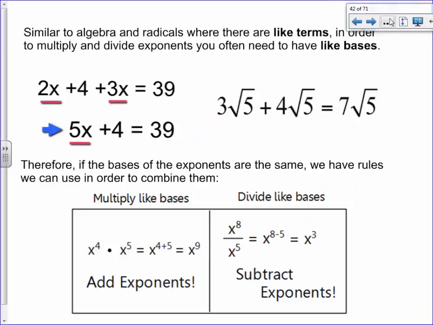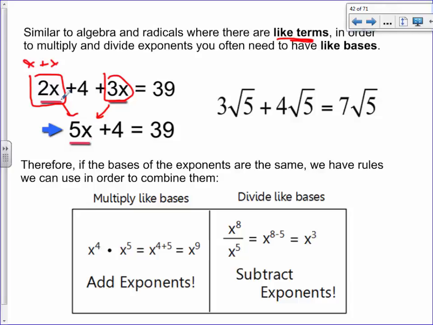So this next slide talks a little about some of the terminology we've been using. The one I've got here is like terms. See how this 2x right here and this 3x right here, they can get combined and turned into 5x? Here's the reason why. This 2x, what does it mean? Well, it means that you have x plus x.